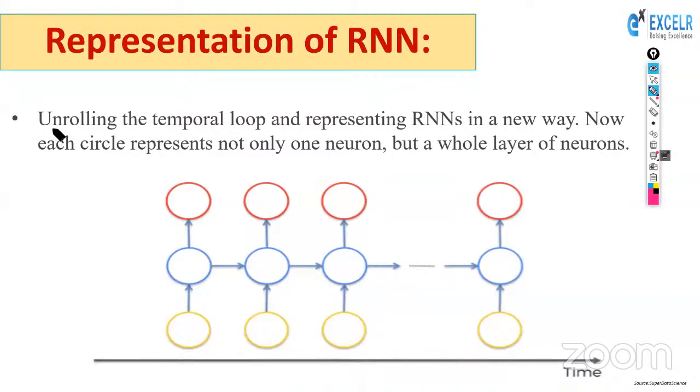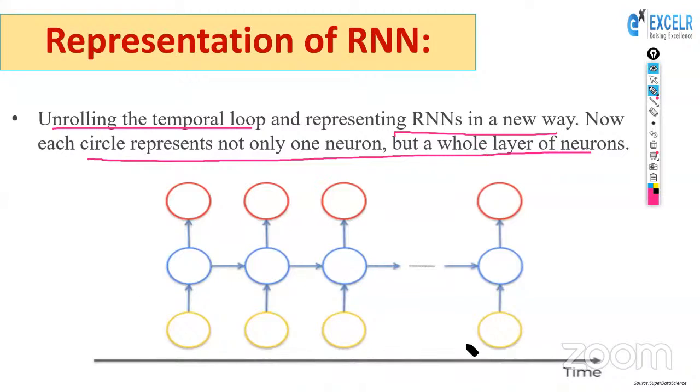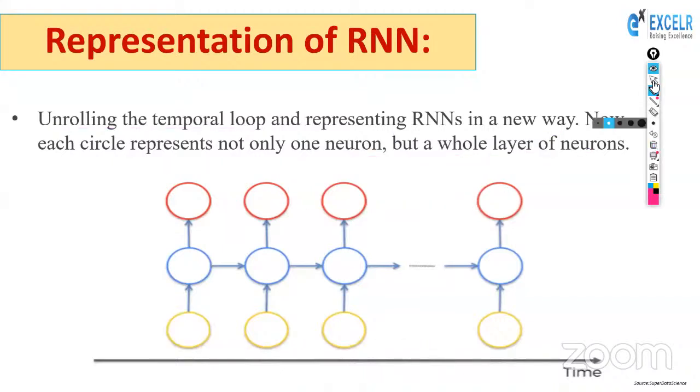Now, just unroll the temporal loop and represent the RNN in a new way like this. Each circle represents not only one neuron, but a whole layer of neurons, right? So whatever circle you saw in the previous slide was not a single neuron, but actually a whole layer of neurons. So this is the architecture of the RNN, right?